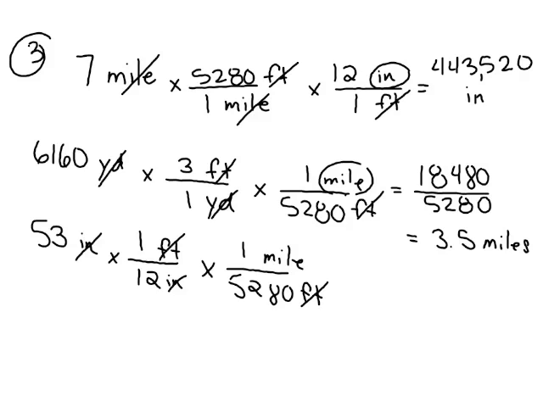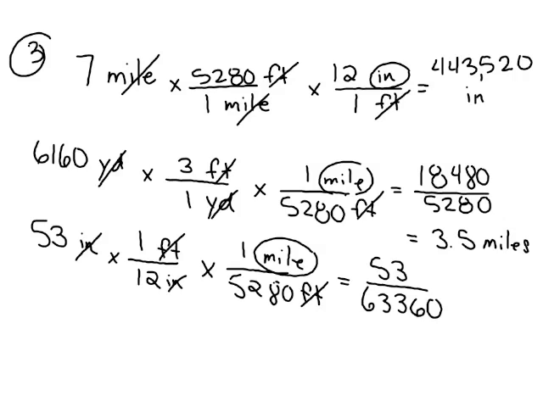So what's the answer going to be left with? Miles. All my other units have canceled. So it's just a fraction. 53 times 1 times 1 is 53 over 5,280 times 12 on the bottom, 63,360.